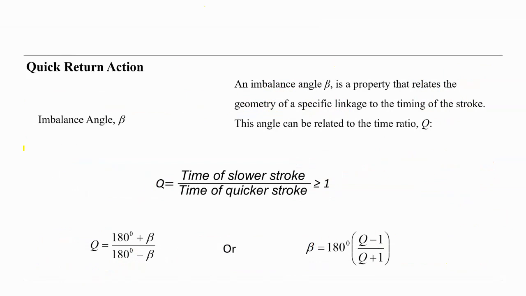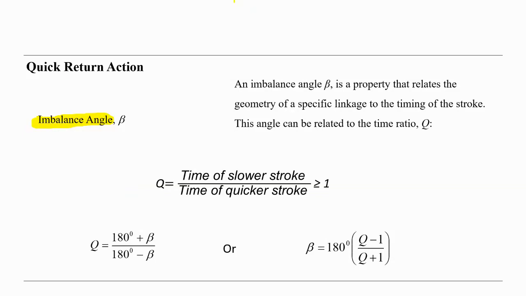Then we define the imbalance angle beta, like this here. So what is the imbalance angle? If you don't use the same rotational angle for the advanced stroke and return stroke, there is a difference in between, and this difference is the imbalance angle.